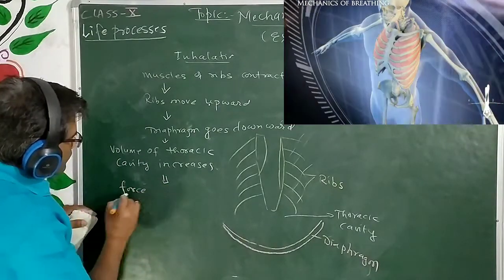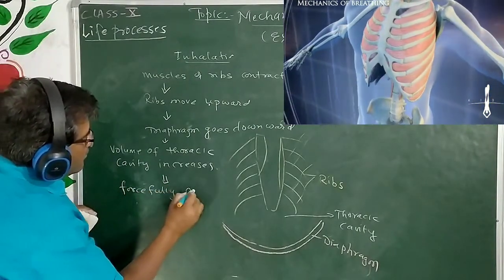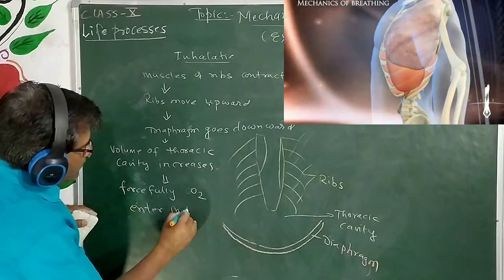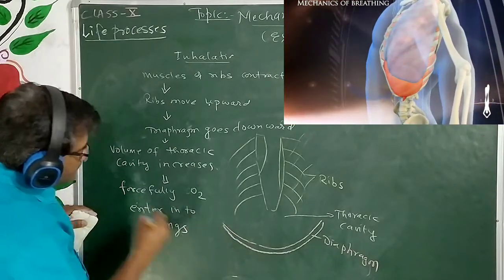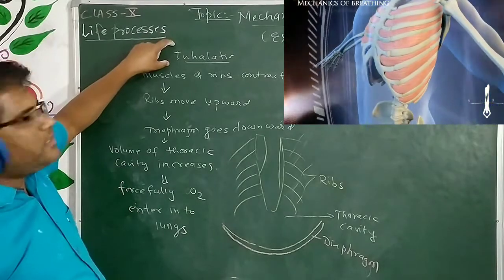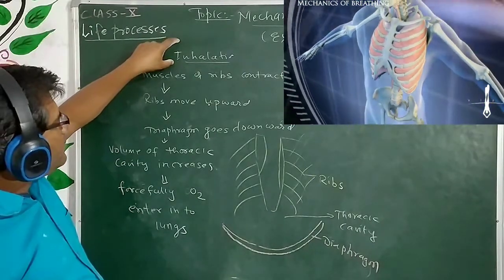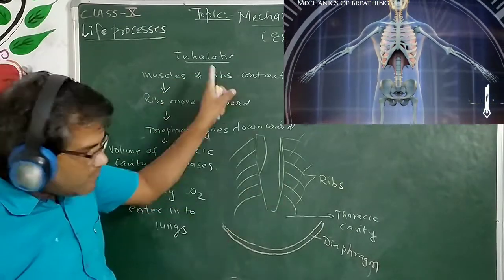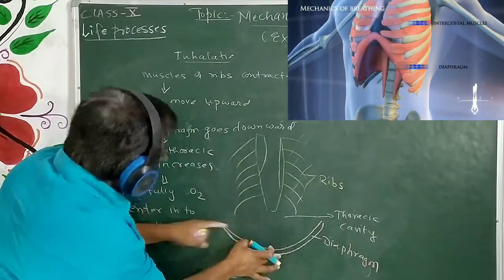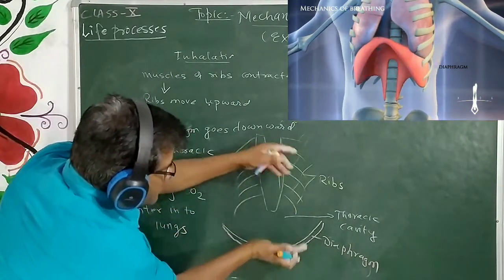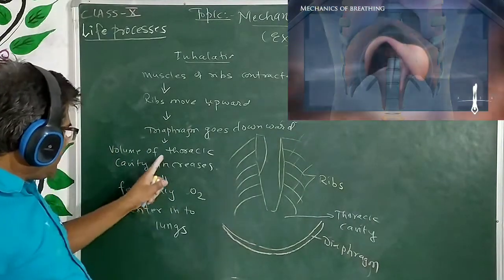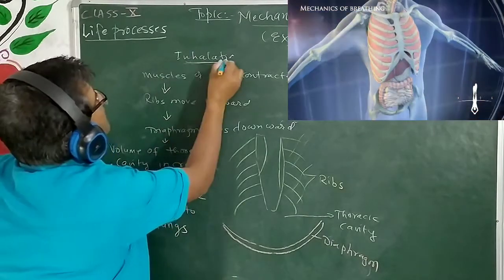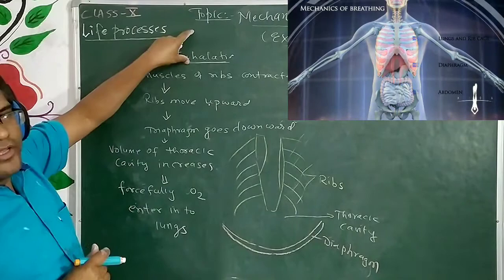Forcefully, oxygen enters into the lungs. This process is called inhalation, or inspiration. What happened during this stage? The muscles of the ribs contracted, the ribs moved upward, the diaphragm came downward, the volume of the thoracic cavity increased, and forcefully oxygen entered into the lungs. This process is called inhalation, also known as inspiration.